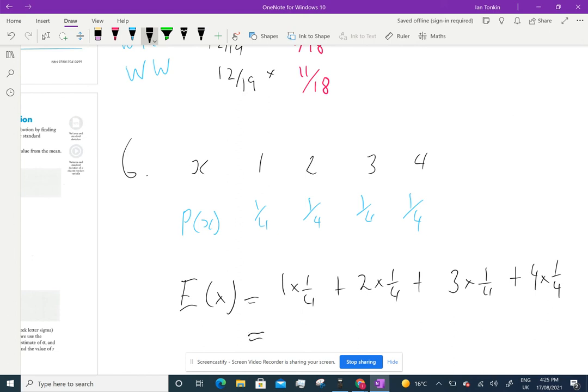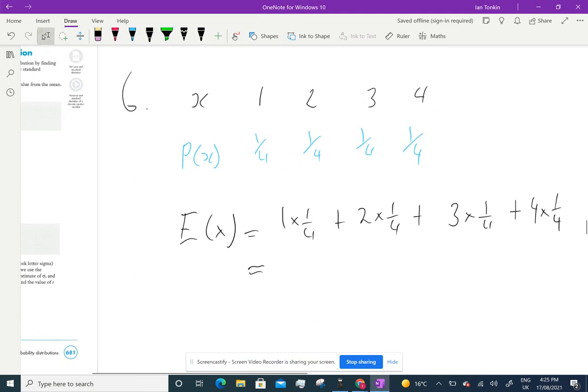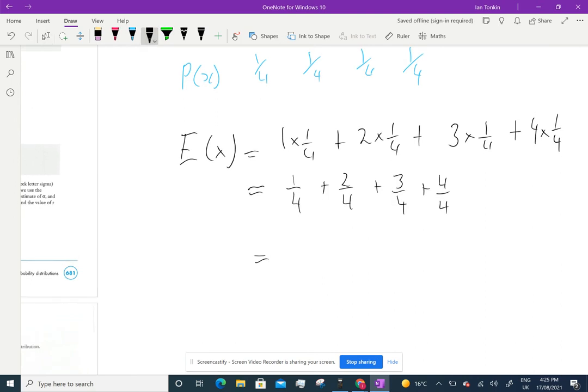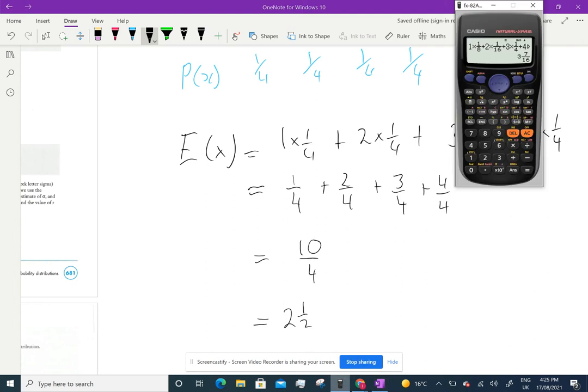I'm going to do this in my calculator in a minute so that you can see it's the same. So that's a quarter plus 2 quarters plus 3 quarters plus 4 quarters. I do it like that so it makes it easier. That's 10 quarters, which is 2.5.